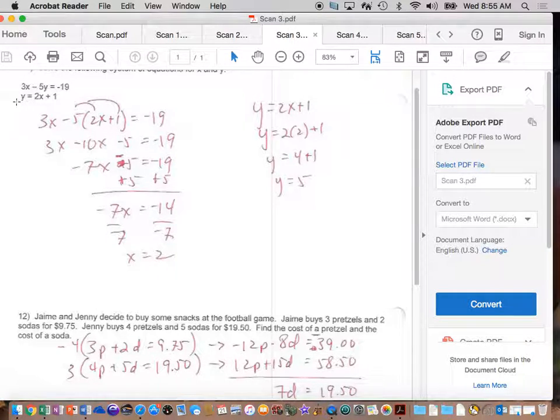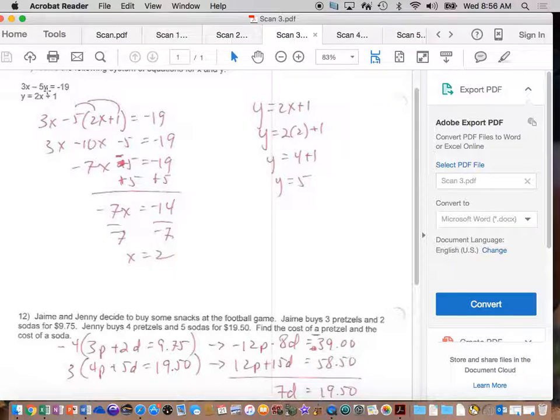So what I did was I said this, 1y is worth 2x plus 1. So when I look above, here's the 3x, here's the minus 5, but when I see the y, I substitute in the 2x plus 1, which is what I did right there. I traded it. And then here's the equals, and here's the negative 19. So when you use the substitution technique, you're going to rewrite the big equation, if you will.